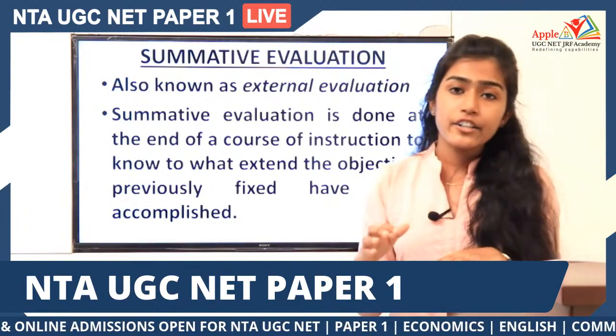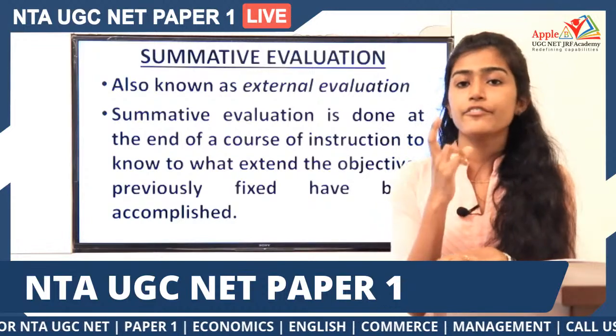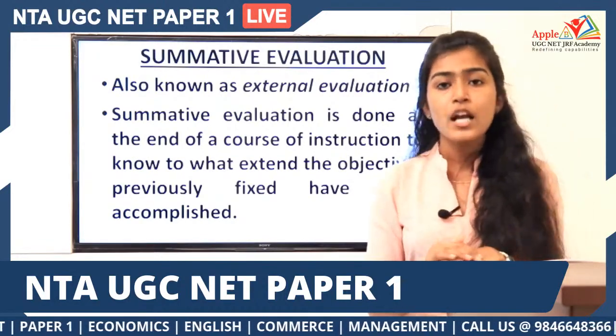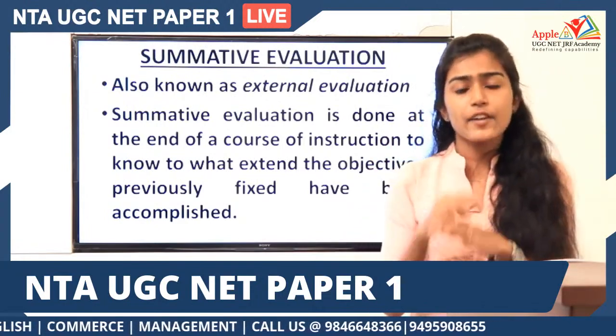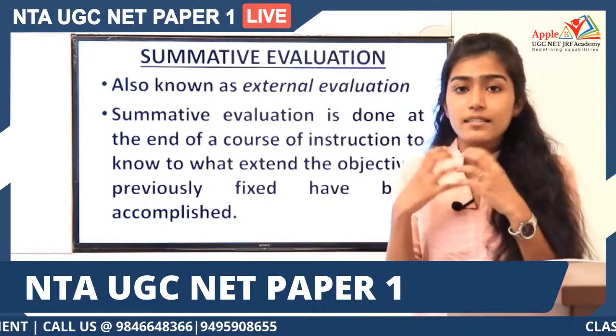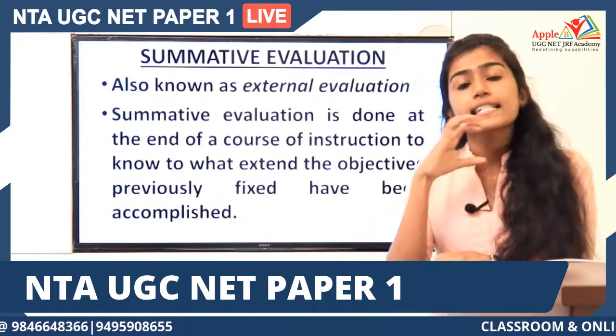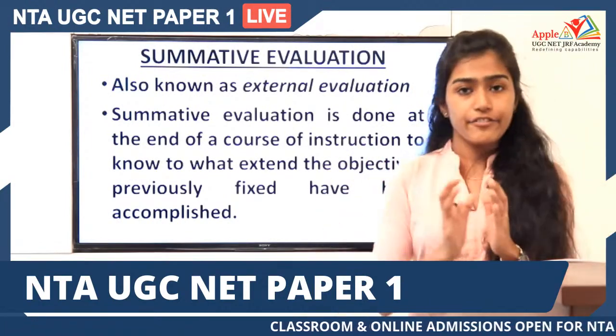For any kind of course, we'll be having certain goals, certain objectives that we'll be fixing at the beginning of the course. So in summative evaluation, what we are focusing is that whether this particular course or whether this particular learning process has accomplished the objectives that were previously fixed.